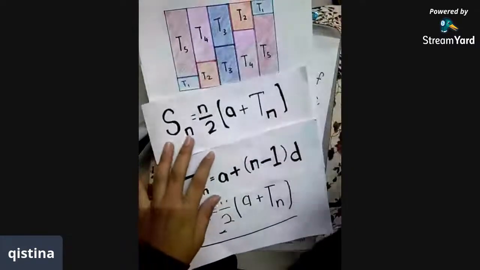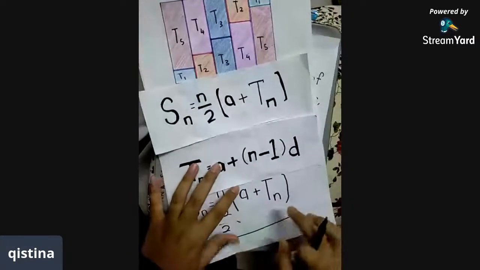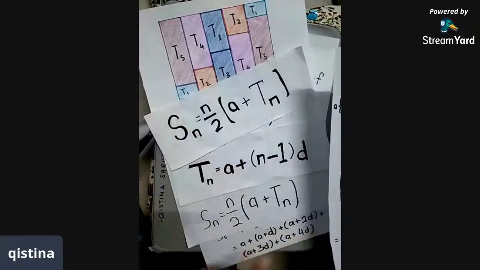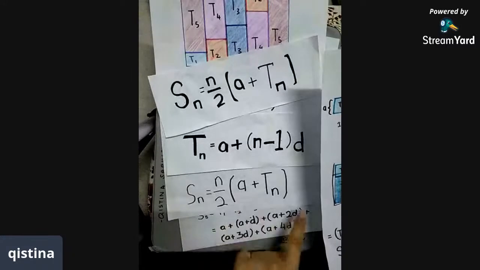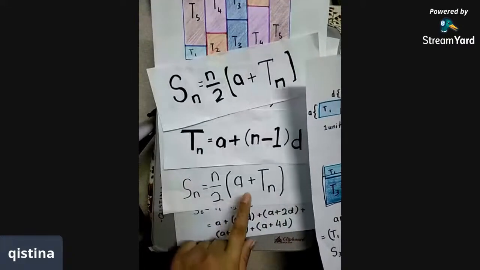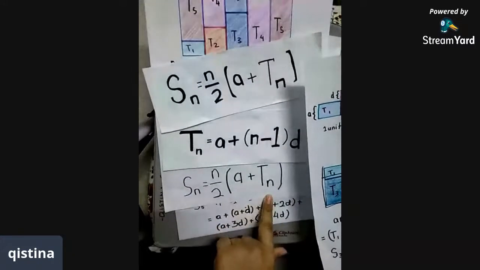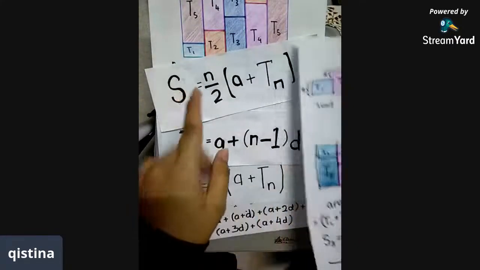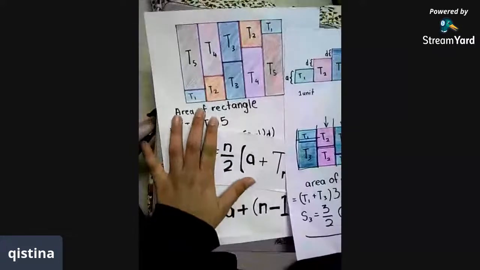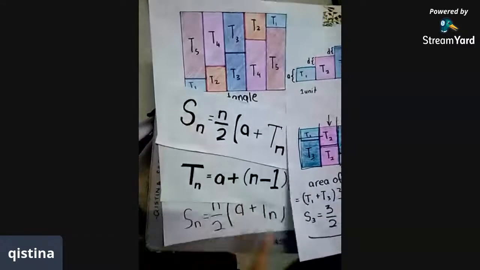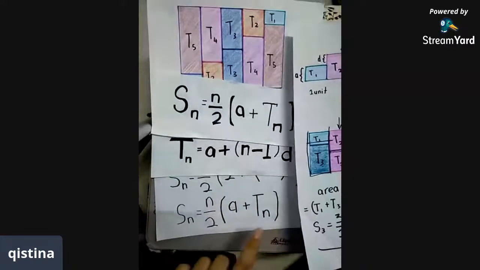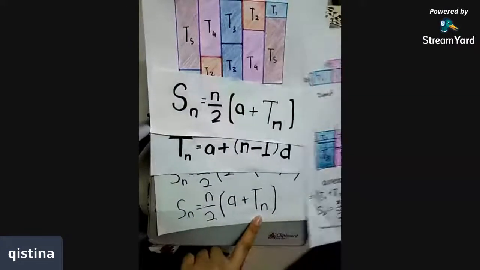Now I would like to compare this one with all the diagrams that we have. This one in the bracket is actually the first term plus the last term. As we can see on the bars that I have drawn, on these two bars, this formula in the bracket is the first term plus the last term.